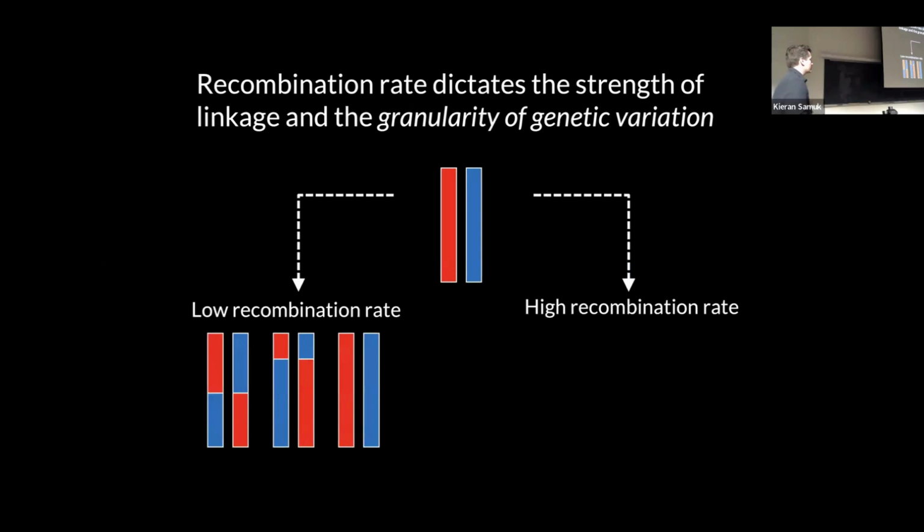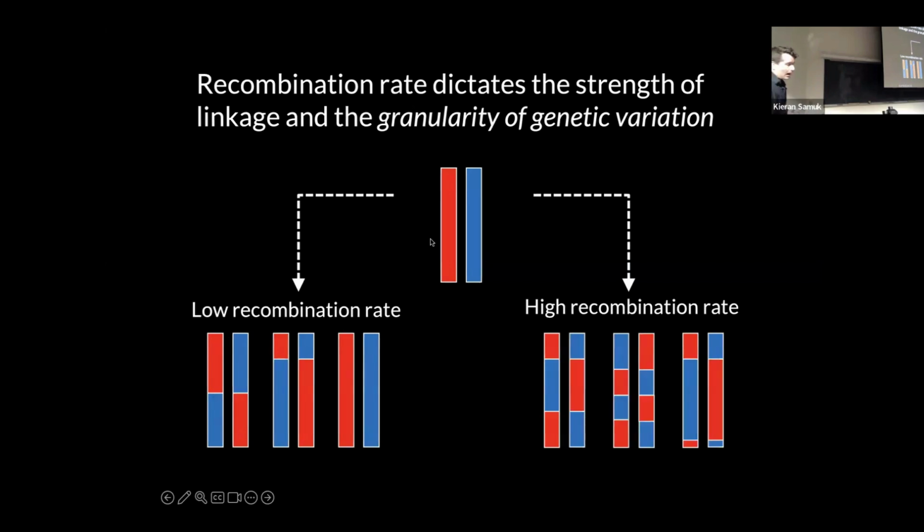When recombination rate is low, we may end up with just 1 or 2 crossovers on a particular chromosome. And so we have very long stretches of ancestry where we look at each of these haplotypes. We just have one breakpoint separating these, but most of these alleles are all in association with the alleles they were before. We can contrast that to a case of higher recombination rate, where we could have maybe double, triple, quadruple crossovers or something like this. And we can see that the genome is much more mixed up.